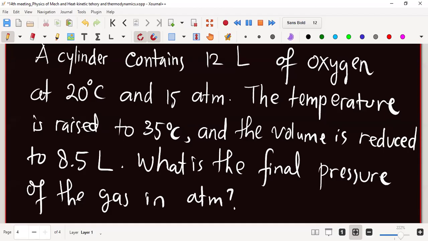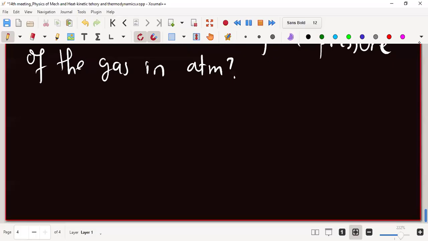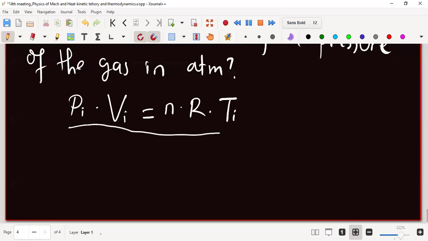Okay, we can write, by using the ideal gas formulation, that the initial pressure times the initial volume is equal to nR times the initial temperature. And then we can compare or divide it with the final condition: final pressure, final volume, and final temperature.